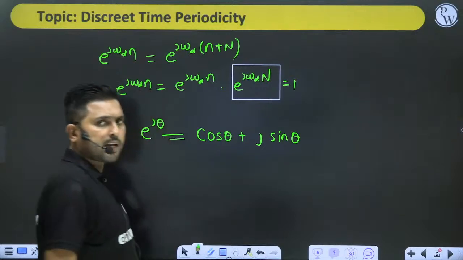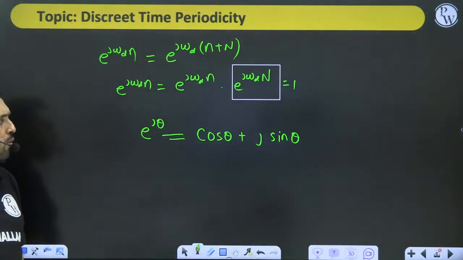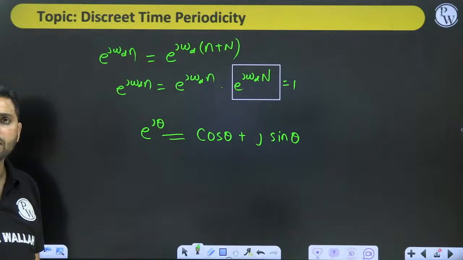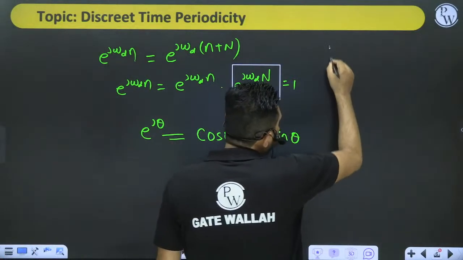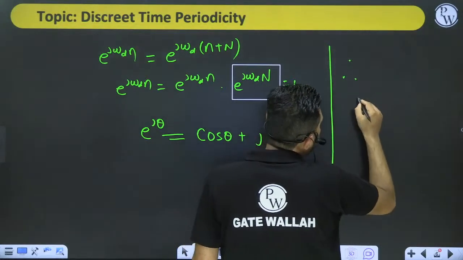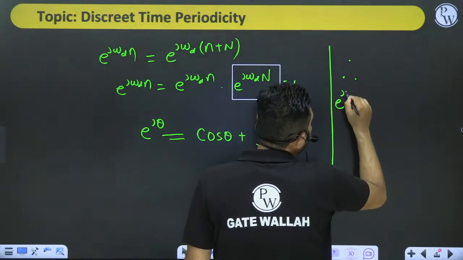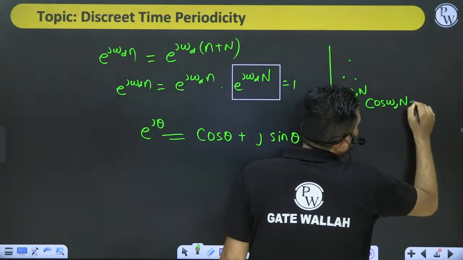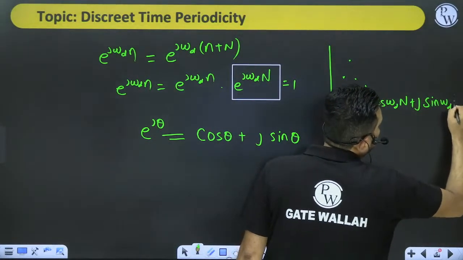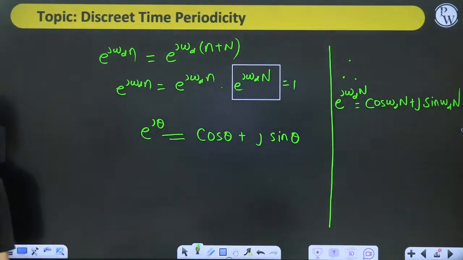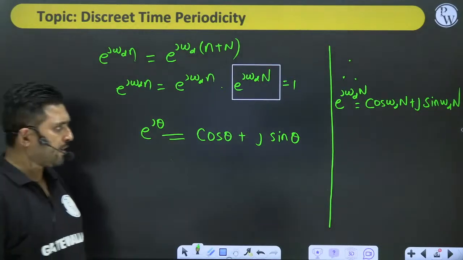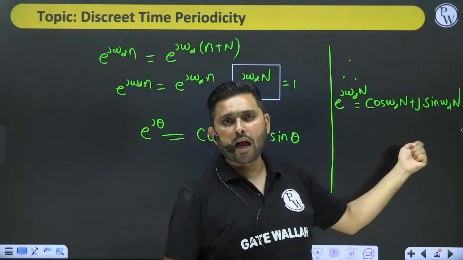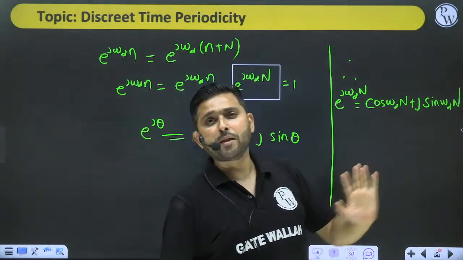So e to the power j omega d n can be written as cos of omega d n plus j sin of omega d n. Now the question again is, what should be the minimum value of this omega d n I should place here so that this function becomes periodic in nature?